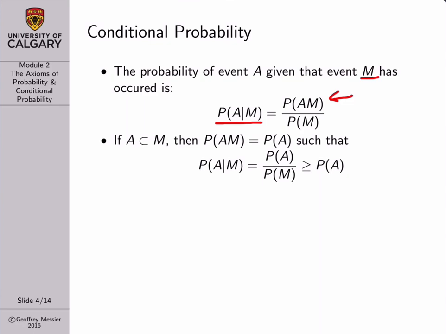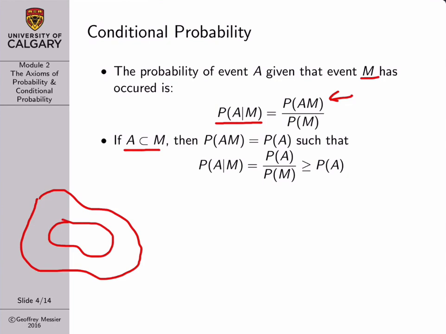Before we get there, though, let's consider a situation where A is a subset of M, right? So we have M and A. That means that the probability of the intersection of A and M is just equal to the probability of A, right?